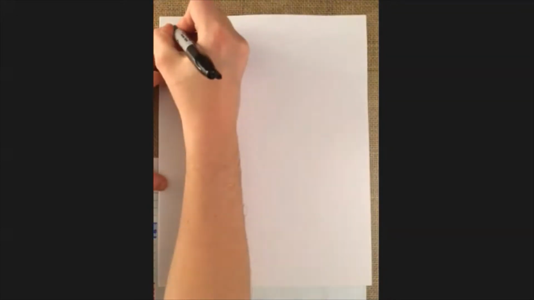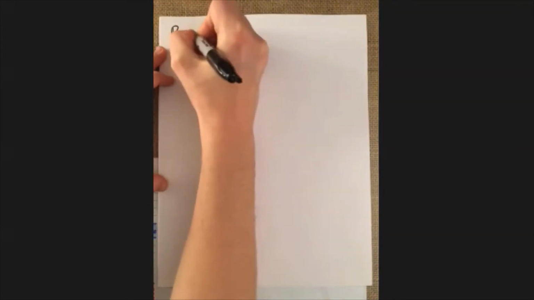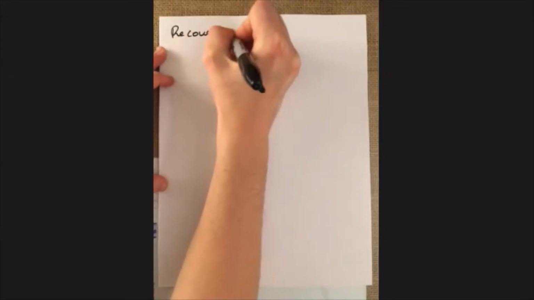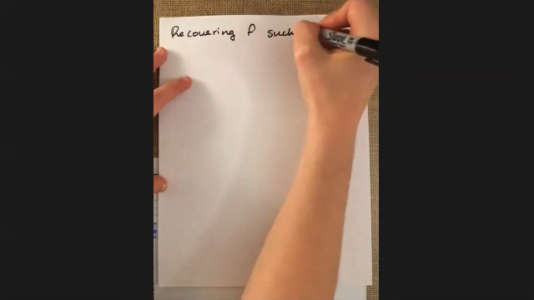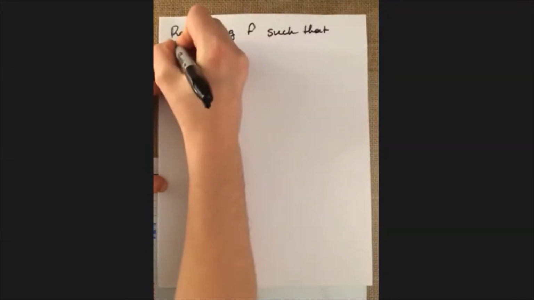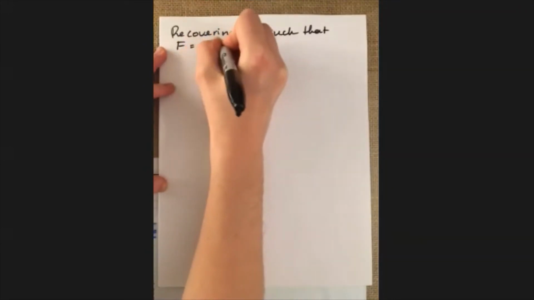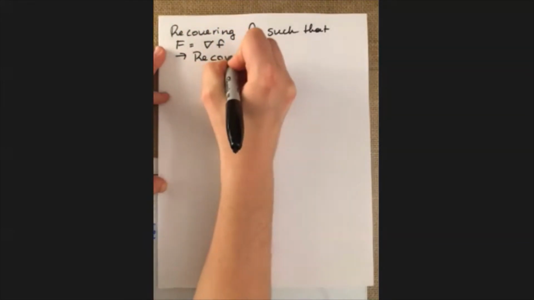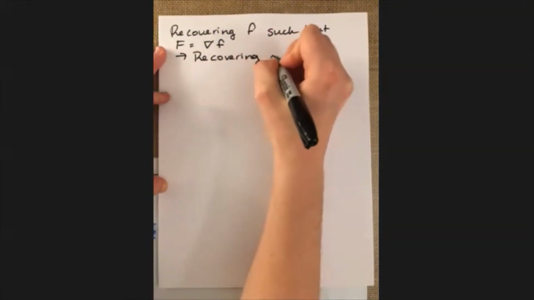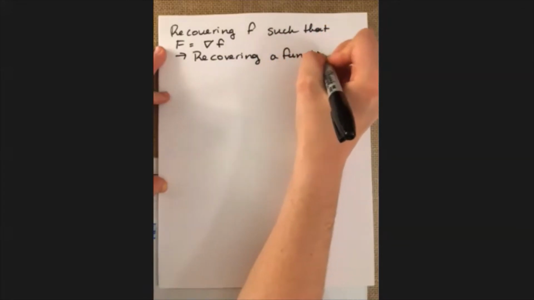And I guess I need a new page for this. Okay, so the idea here is that we are recovering a little f such that F is equal to the gradient of f. So we are recovering a function from its gradient.